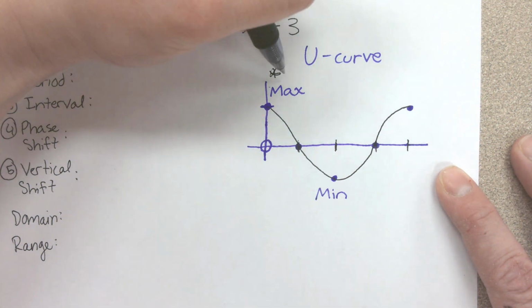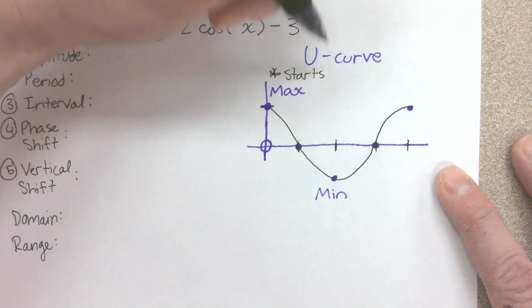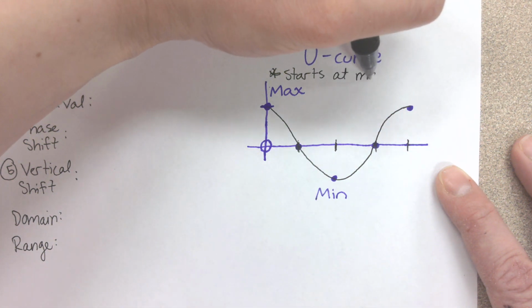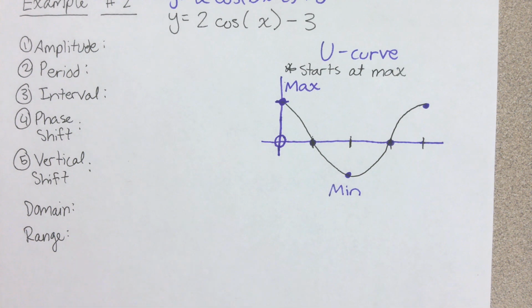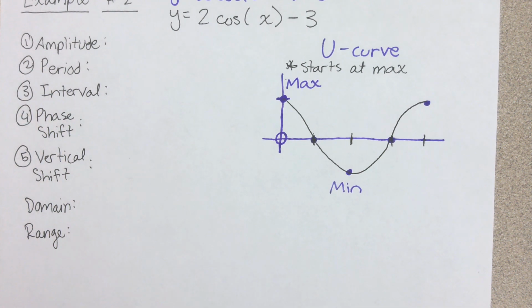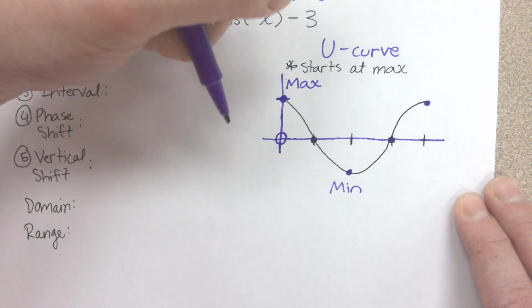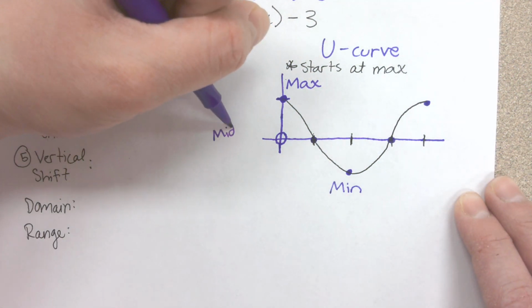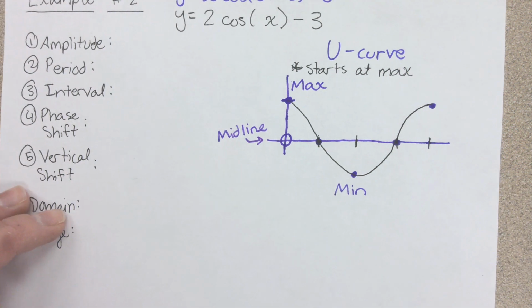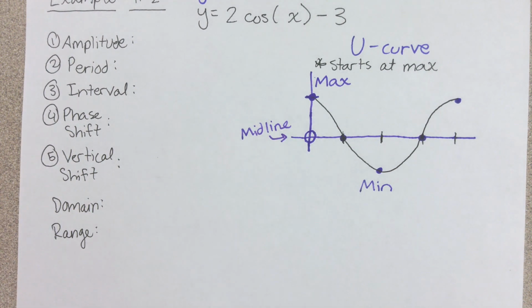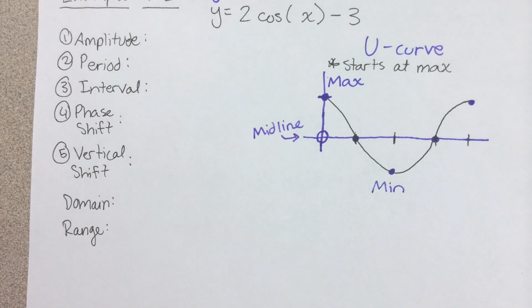So what makes this unique is it starts at the max, and then continues the pattern from there. And once again, this is the midline. We'll come back to this more when we're actually making the graph, but it's nice to know where we're heading with it.